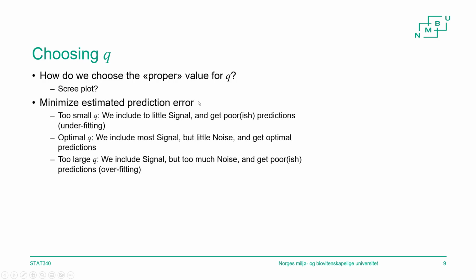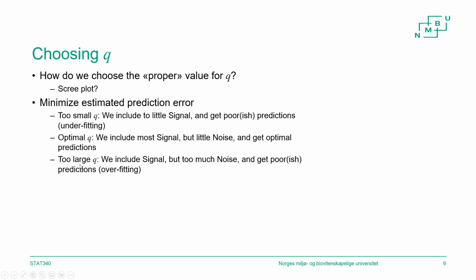We use a minimized prediction error. That's what everyone does. The point is that if you choose a too small Q, we include too little signal, and we get poor predictions because of underfitting. If you have the optimal choice, you include most of the signal but little of the noise, and you get the best possible predictions.